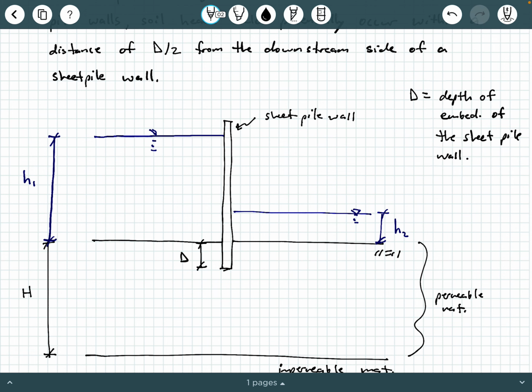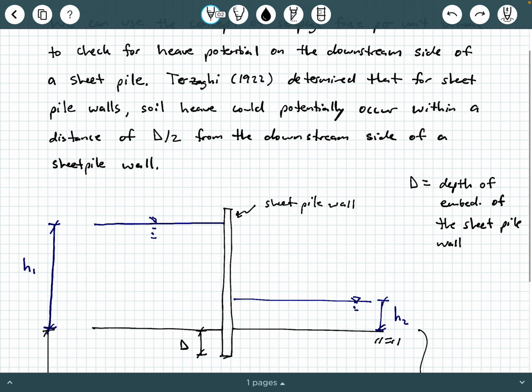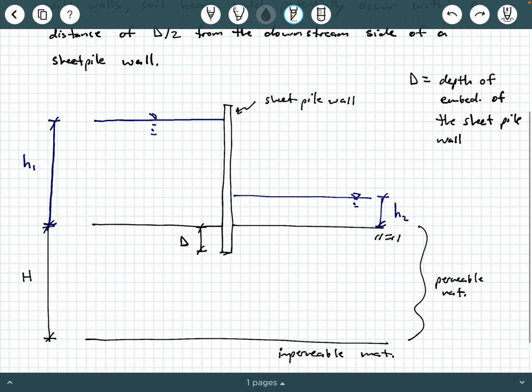So when we say that heaving could potentially occur within a distance of d over 2 on the downstream side, what we're saying is, if you project a horizontal distance on the downstream side of the wall equal to d over 2, and then project it up, this shaded area is what we would call the heave zone.